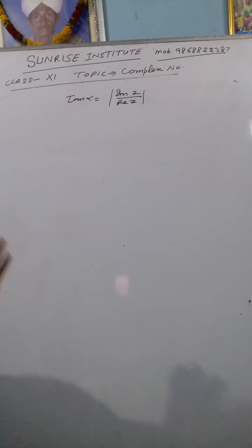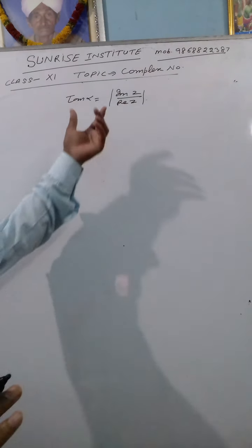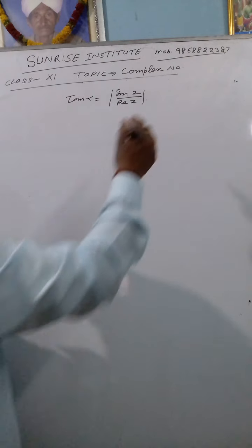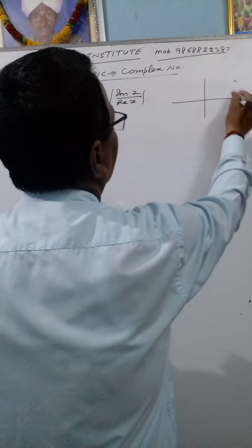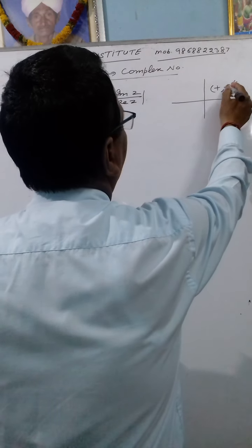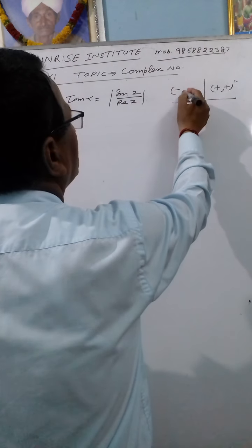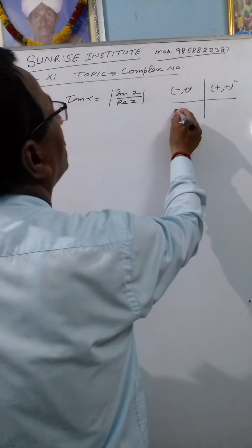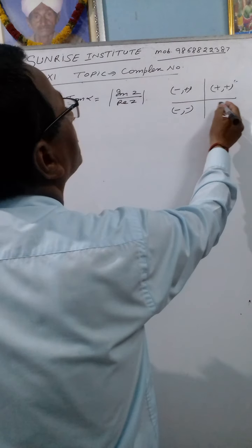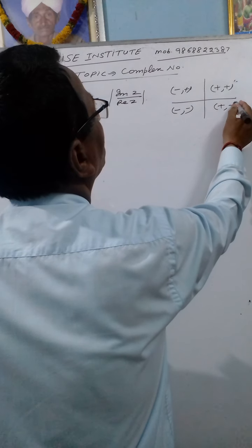Okay students, we find the theta from this formula according to the signs: plus plus, minus plus, minus minus, plus minus.